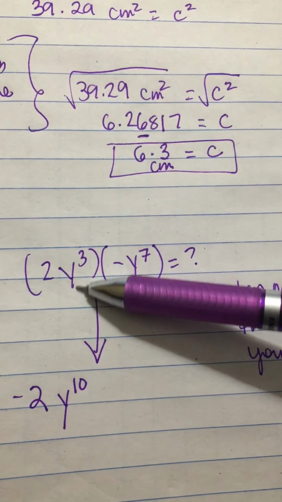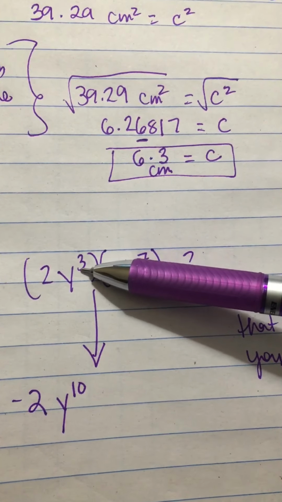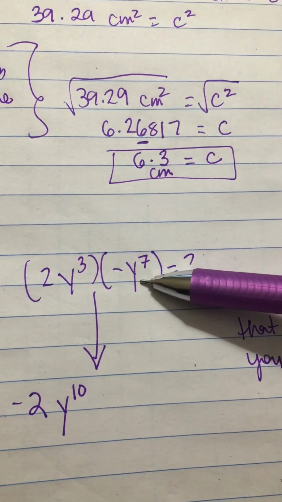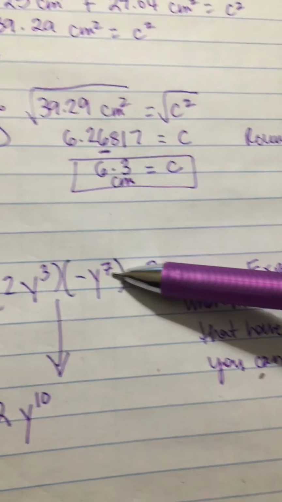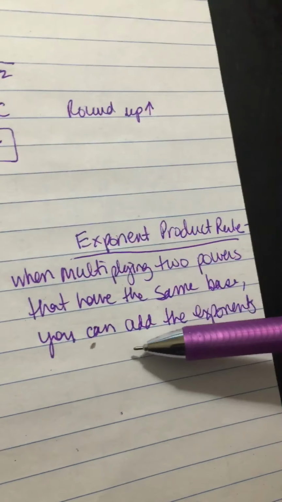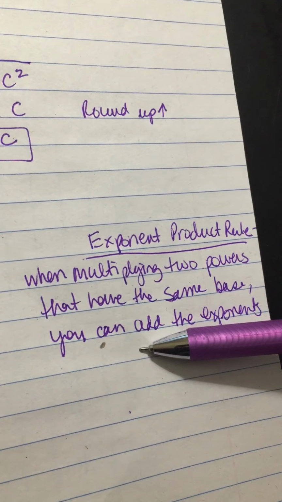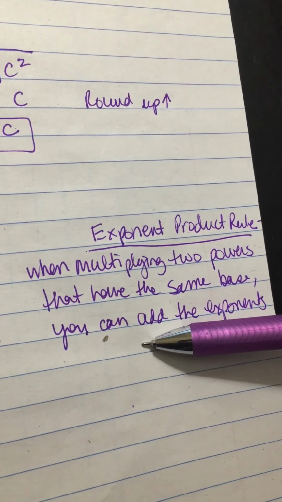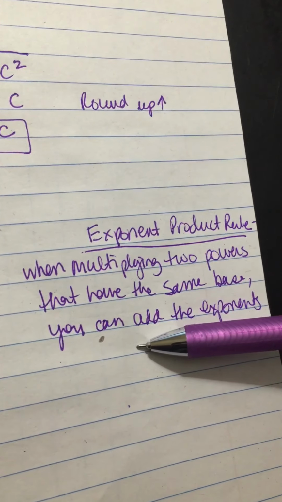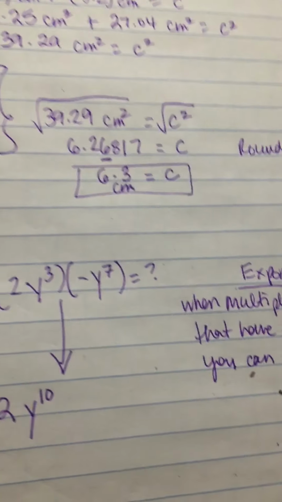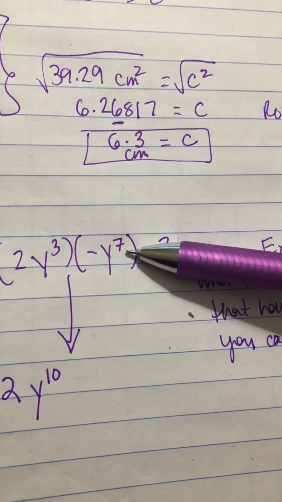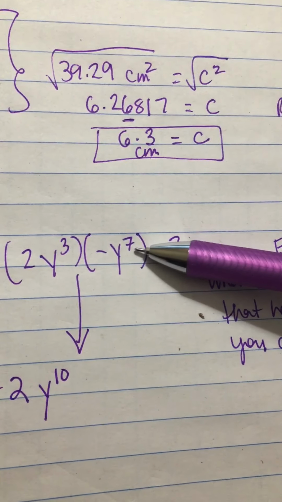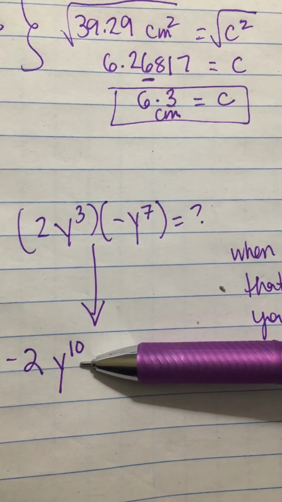And here is y to the third power, and I have y to the seventh power. So according to our rule, they have the same base, so I can add the exponents. I have 3 and I have 7. 3 plus 7 is 10.